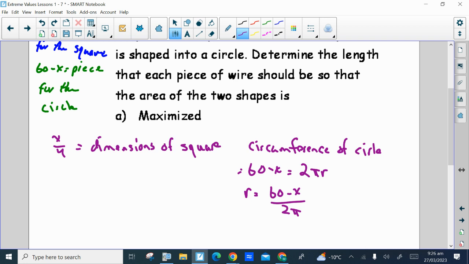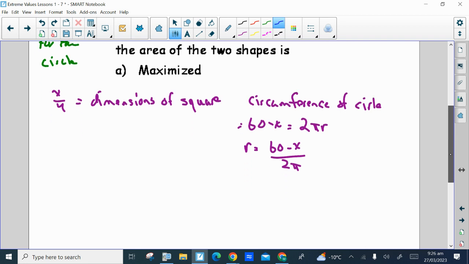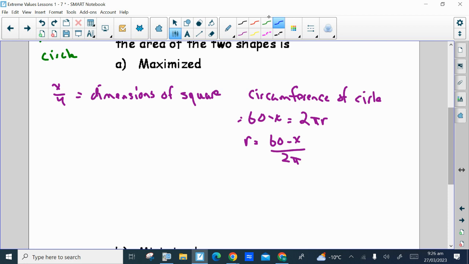And we need that because we want to both minimize and maximize the area of the two shapes. The area of a circle involves the radius, pi r squared. So that's why we need r in terms of x. x is a common variable for both of our shapes. So again, we want to both minimize and maximize the area of the two shapes.